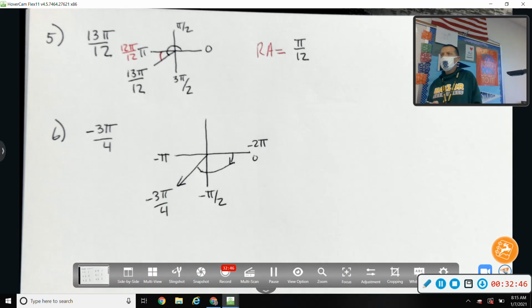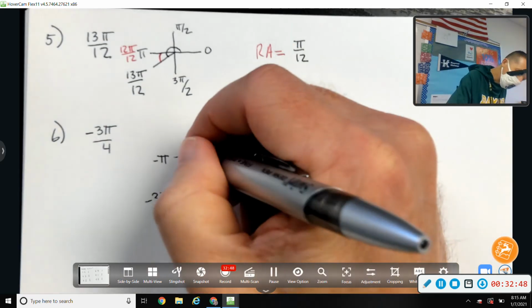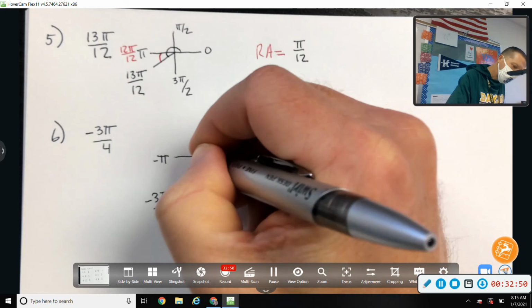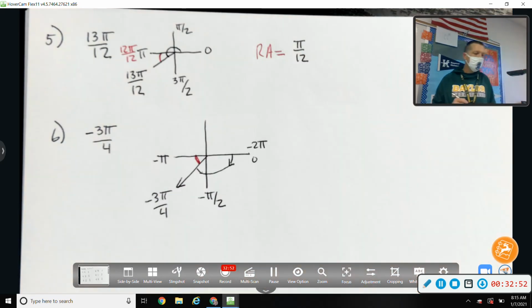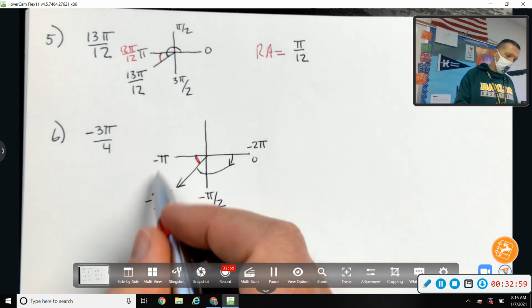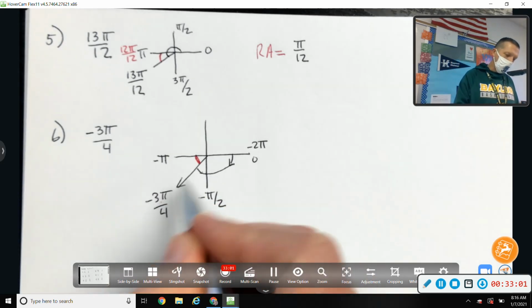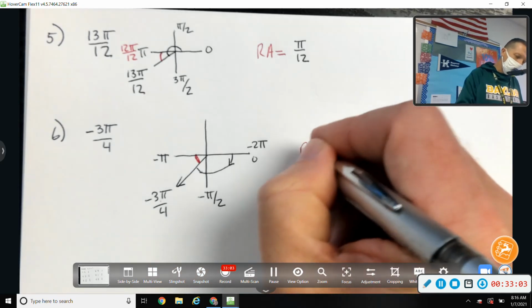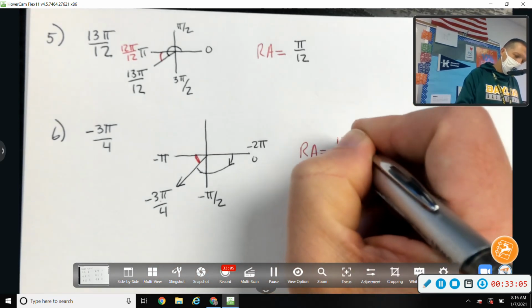Reference angle is still get to the x-axis as quick as you can. So right there. Can you tell what that angle is? So all the way back would be pi. We went 3 pi over 4. So how much more did we need to go? 1/4 pi, or pi over 4.